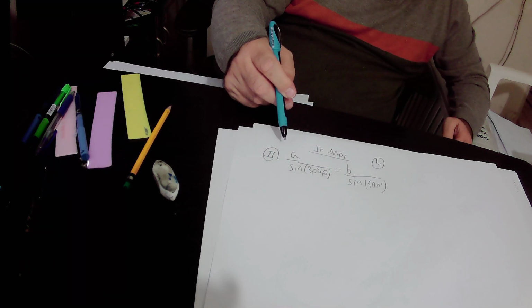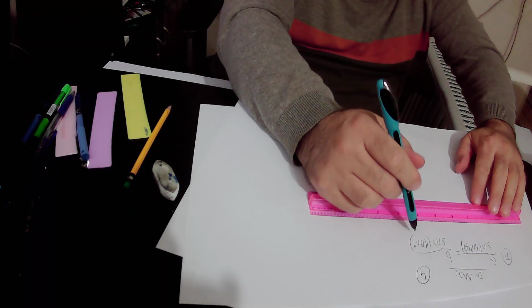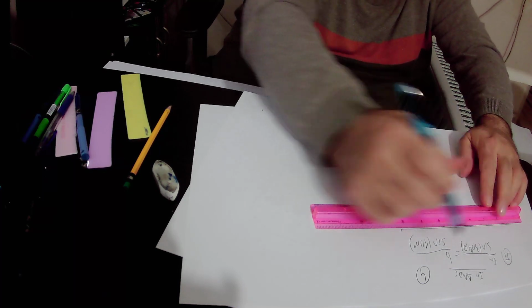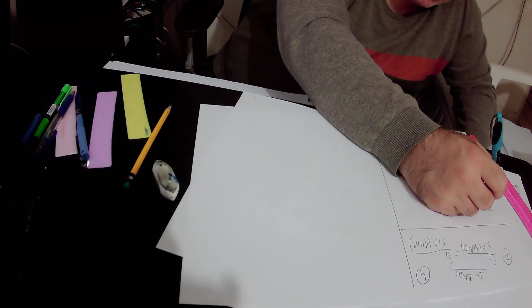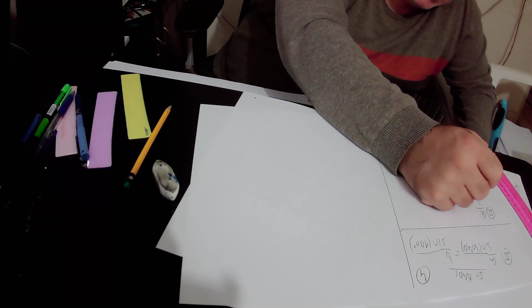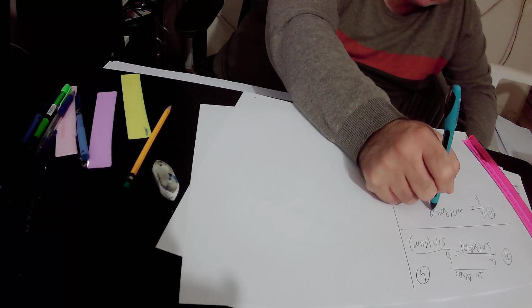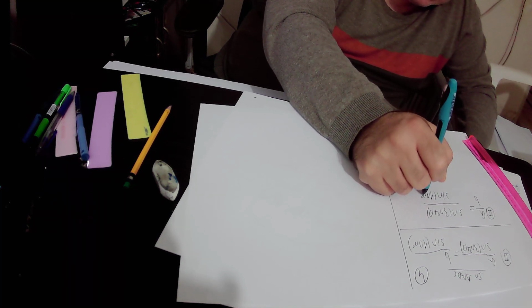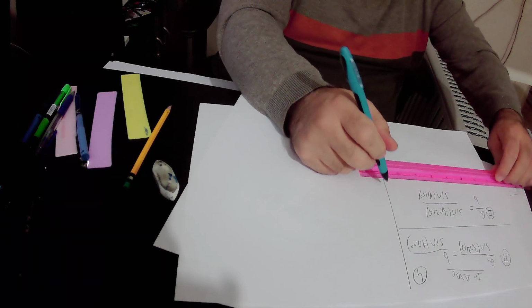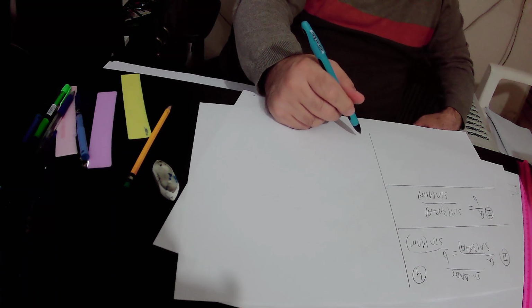Here we will divide this equation number 2 by B, and then multiply it by sine 30 degrees plus theta, and we will get that A over B equals sine 30 degrees plus theta over sine 100 degrees.